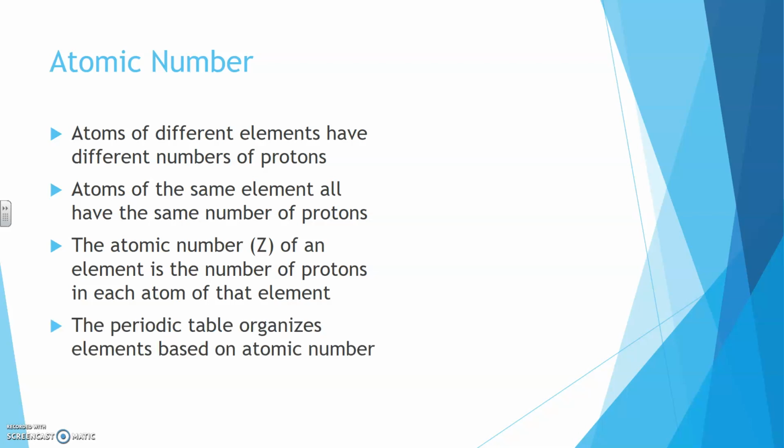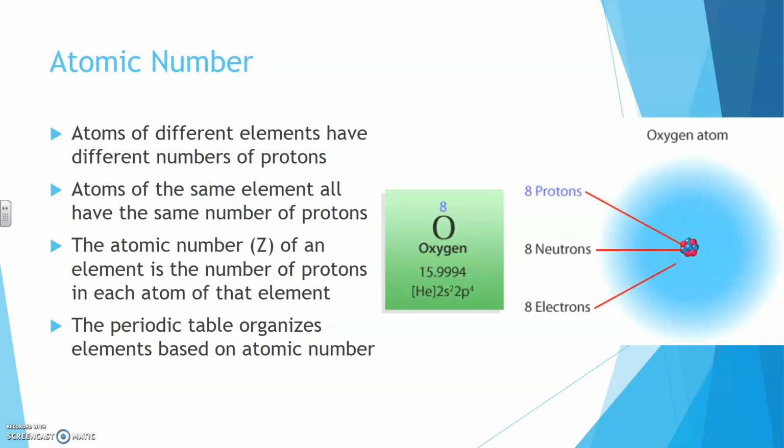So the periodic table organizes elements based on these atomic numbers. Oxygen is 8, and that means that oxygen has 8 protons. Just so happens that oxygen also has 8 neutrons. And whenever your atom is neutrally charged, so it does not have a charge on it, it will have the same number of electrons as it does protons.